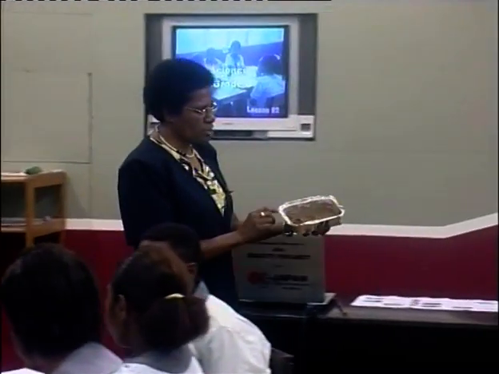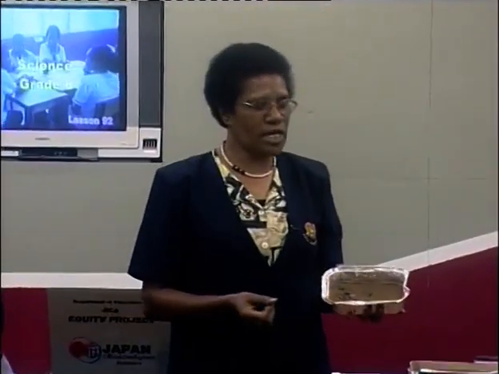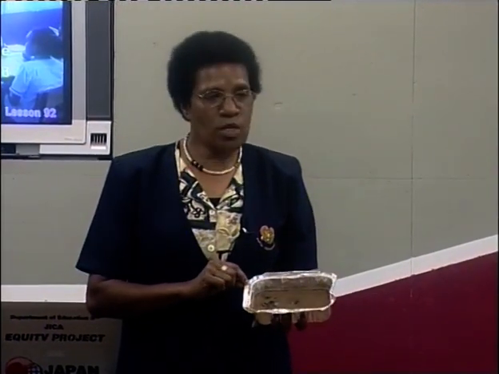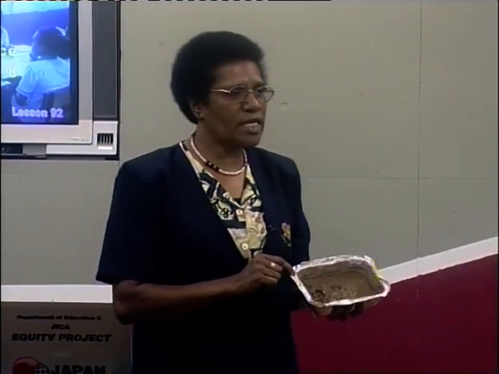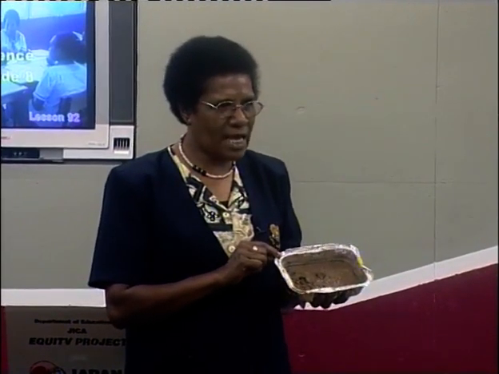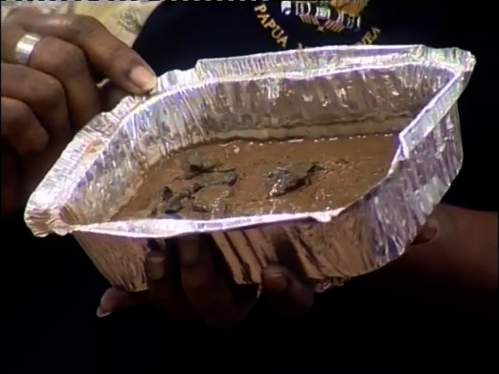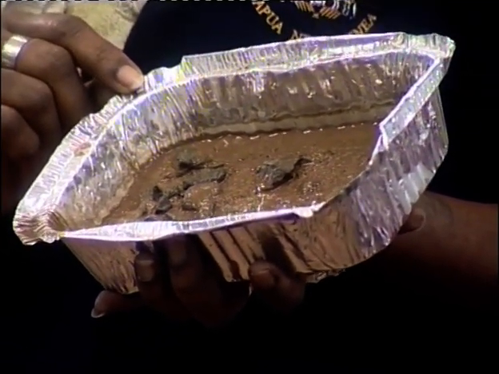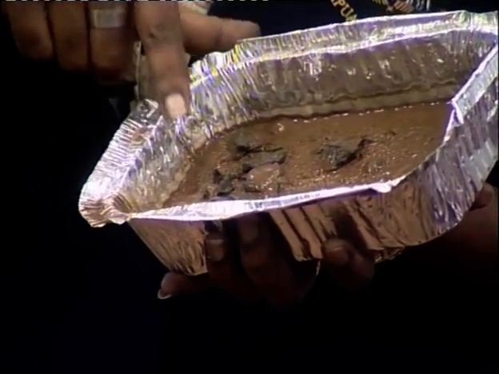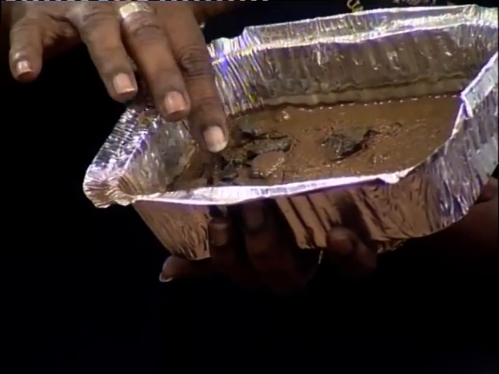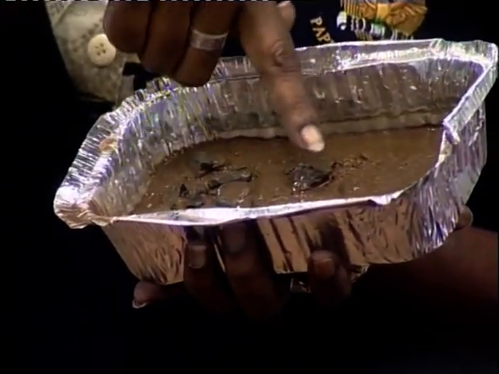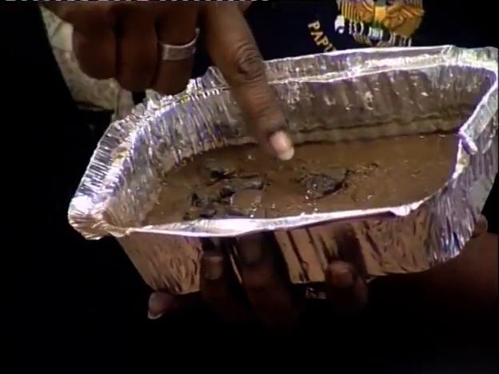Now, if you look closely, receiving students and the class, in this experiment that we did, you will see the large particles or the stones settled first. And where they are, you will see the sand around it.